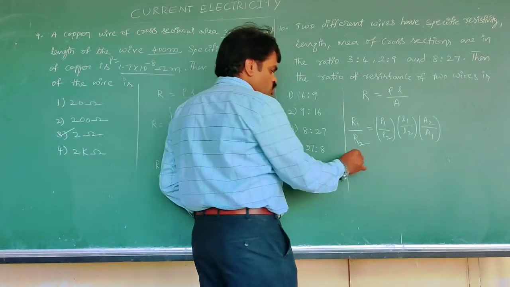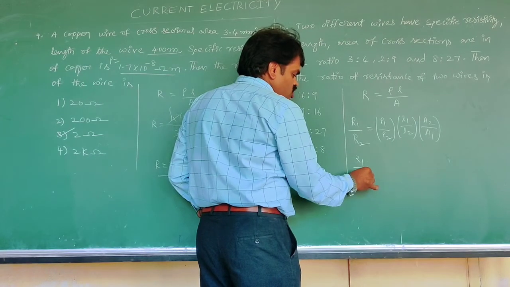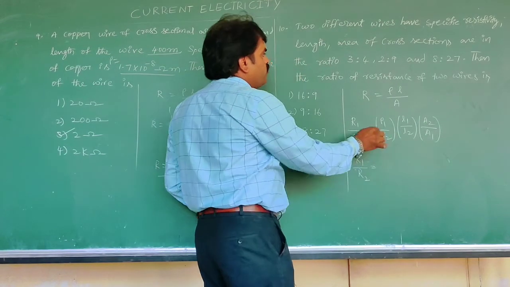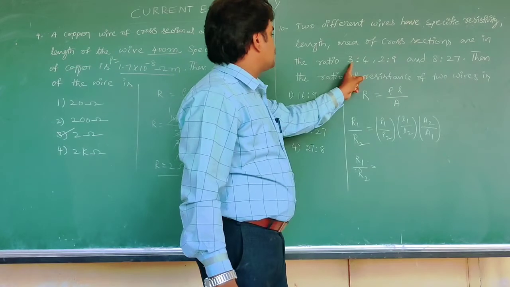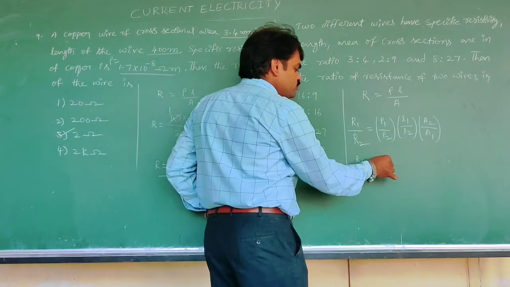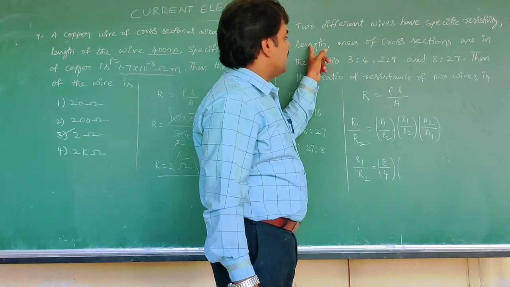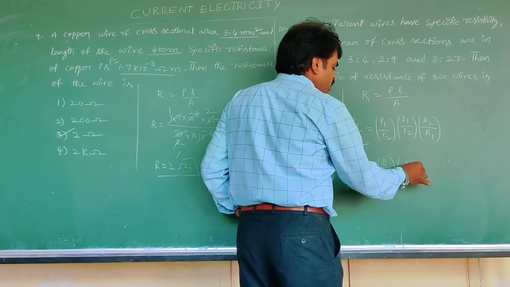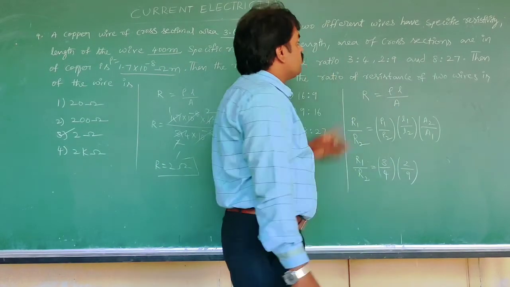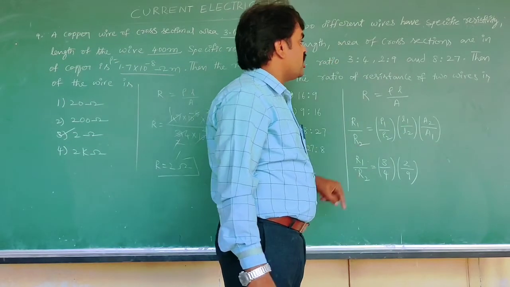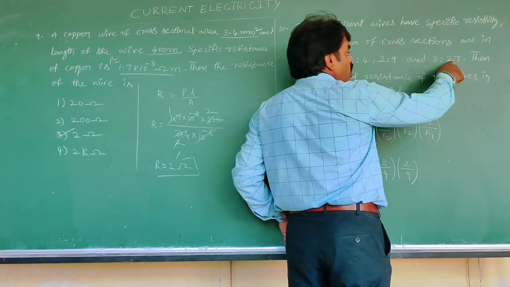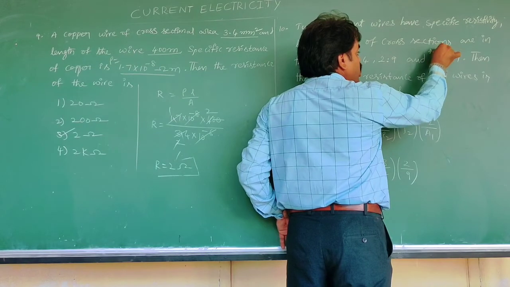Now we substitute. R1 by R2 is equal to rho 1 by rho 2, the resistivity ratio: first one is resistivity 3 by 4. Second one is length 2 by 9. Third one is cross sectional area 8 is to 27, A1 is to A2.